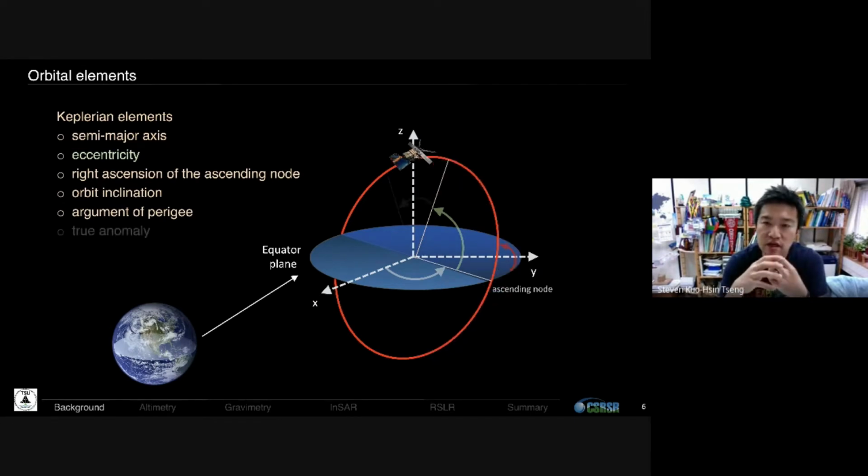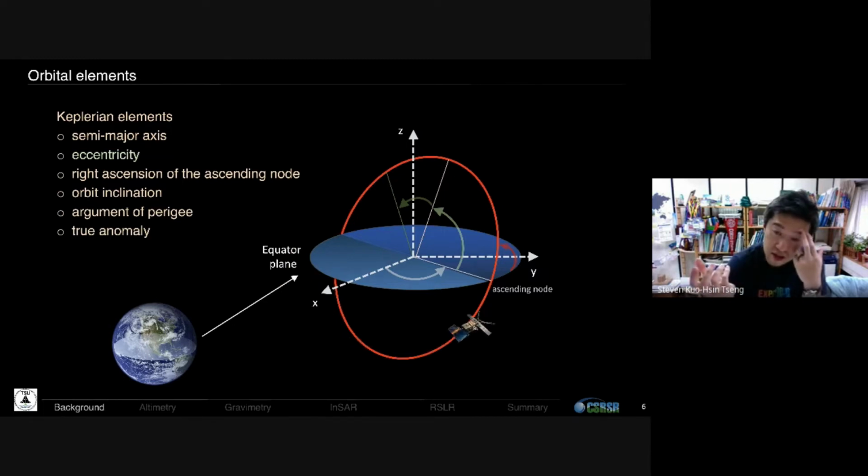So basically, for Earth observation missions, the eccentricity is about 0, because we want to have a very steady angular velocity of the satellite, and we want to have a very constant distance between the satellite altitude and the surface. Because the eccentricity is going to change the distance from the satellite to the surface. So a near circular orbit is what we commonly define for the EOS, Earth Observation Satellite.